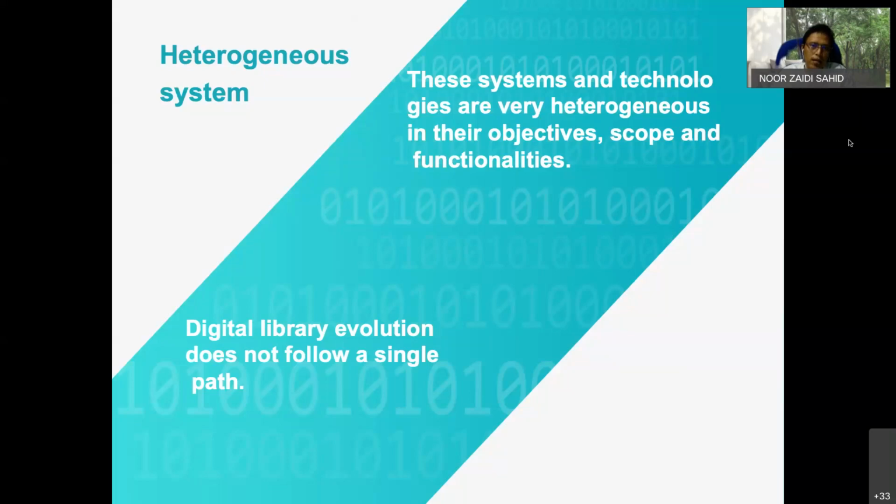So each of the heterogeneous concepts, as I mentioned just now, has different evolutions and several histories. So we cannot say they are the same. The history can start, or the evolution can start, from, for example, digital content, the machines being used to develop the digital library, or the digital library skill. So they come differently. That's why we call this heterogeneous.